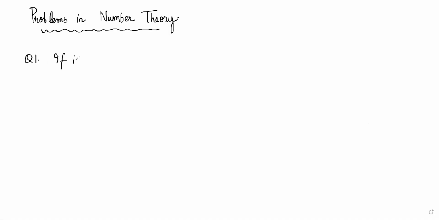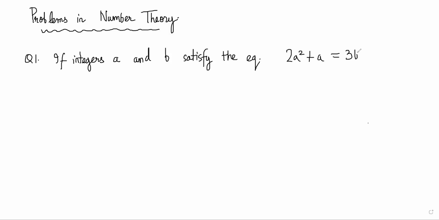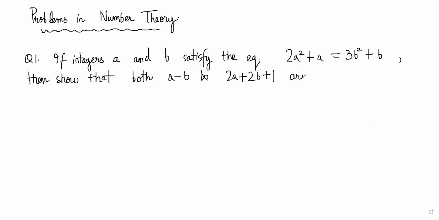If integers a and b satisfy the equation 2a square plus a is equal to 3b square plus b, then show that both a minus b and 2a plus 2b plus 1 are perfect squares.